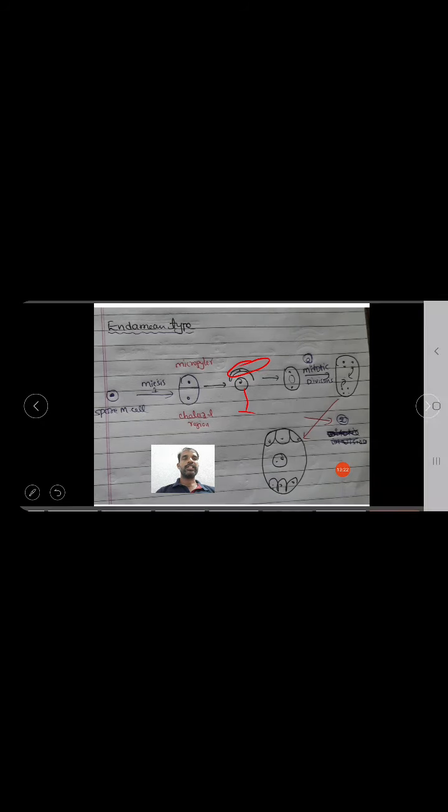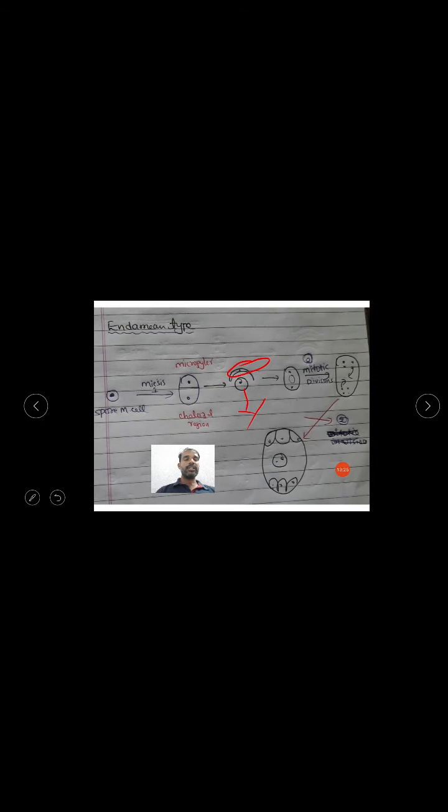The spore mother cell is similar to the Allium type. The Endymion type also has a spore mother cell with a micropylar region and a lower side chalazal region, and here the micropylar region cell is degenerated and only one is functional. The functional cell undergoes one mitotic division producing 2 cells, outer and inner side, and these 2 cells also undergo 2 mitosis divisions producing 8 cells in all.